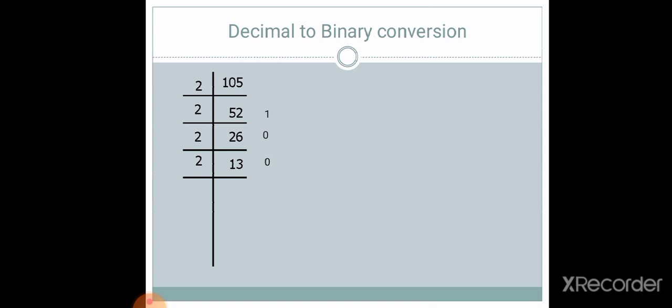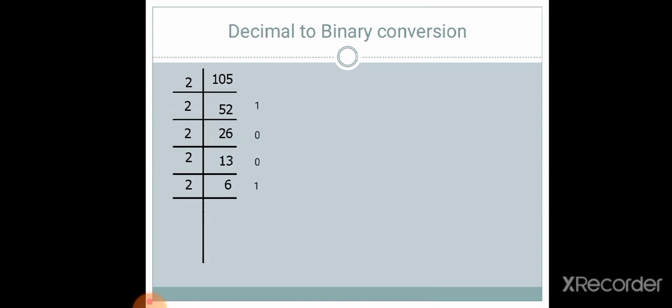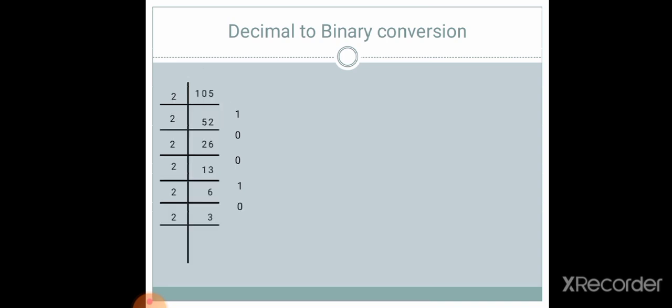Again you have to divide 13 by 2. So 2 6s are 12, the remainder will be 1. That remainder we will write in front of 6. Again we'll take 6 and divide 6 by 2. So 2 3s are 6, the remainder is 0. Again we have to divide 3 by 2.